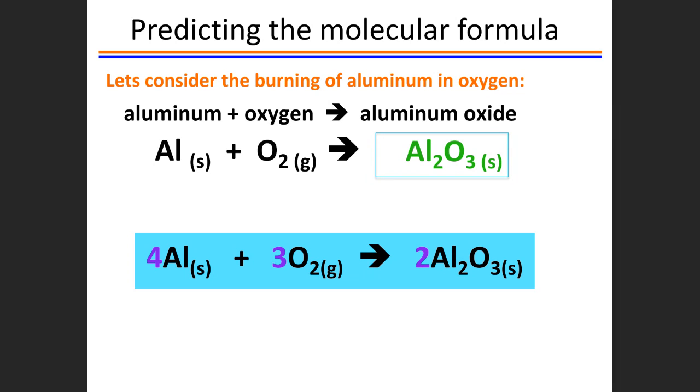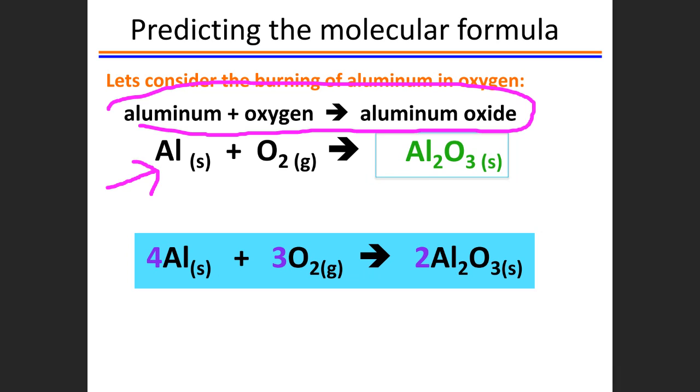So if you know how to write the formula, you can also write the chemical equation from the sentence to the reaction form, correct? Now that you know how to write aluminum oxide, you have to balance it. Here it's very simple: we have 2 aluminum and 3 oxygen. It is common sense to apply odd or even numbers.